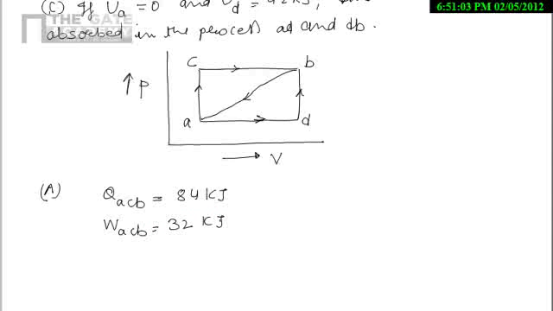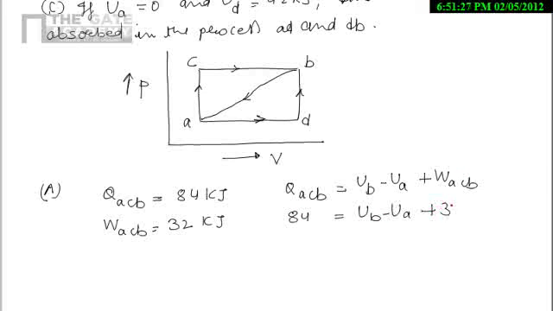So now if I apply the first law of thermodynamics for ACB path, QACB equals UB, that is final, minus UA initial, plus WACB. So 84 equals UB minus UA plus 32.